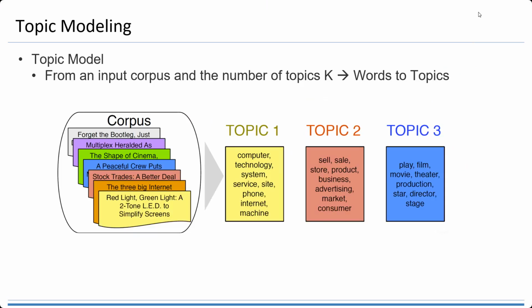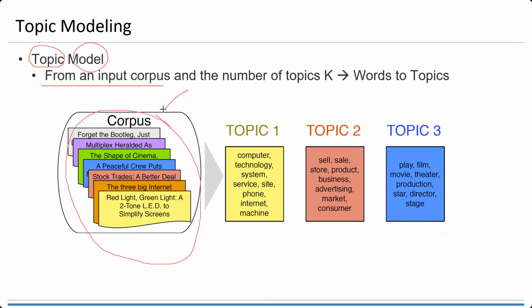So topic modeling. What is topic modeling? We call it topic. Topic is subject, okay, subject. And we want to make a model. If you have an input corpus, we usually say this is a collection of documents, a collection of text.